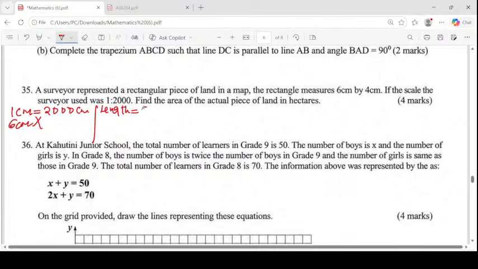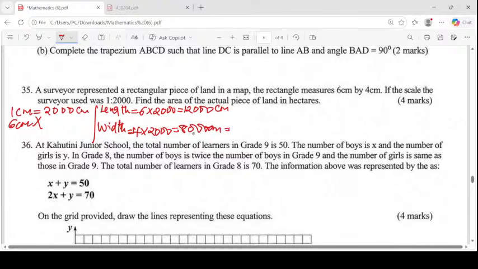The actual length will be 6 times 2000 to give you 12,000. Let me also get the actual width. The actual width will be 4 times 2000, which is 8000 centimeters.